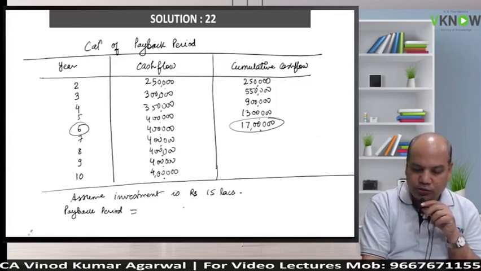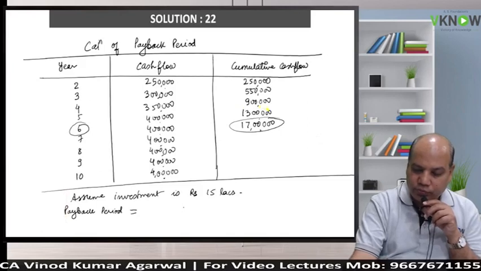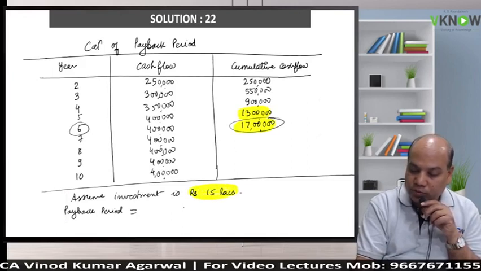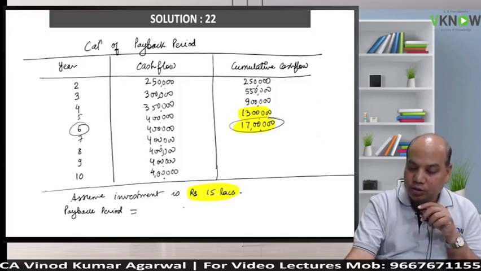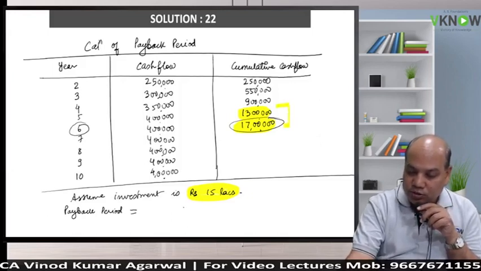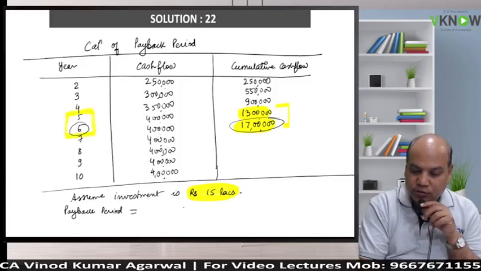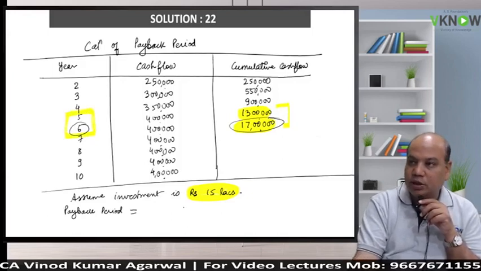So when you get a situation like this where this is 13 lakh, this is 17 lakh, and we are assuming initial investment is 15 lakh. Is it right? So we have to find out between which 2 years we are recovering 15 lakh, between 5 and 6. It is more than 5 but less than 6.